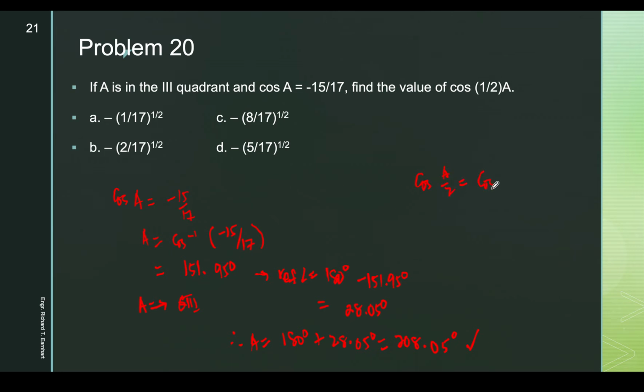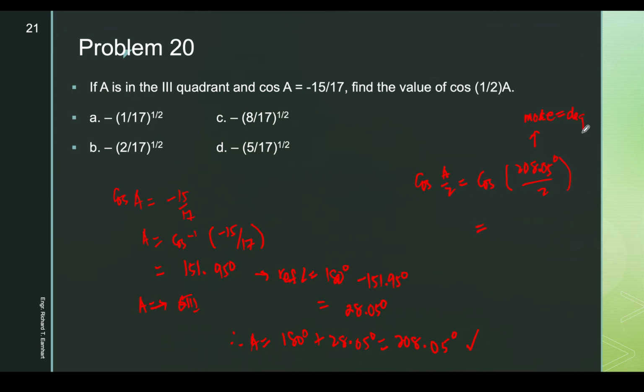So this is cosine of 208.05 divided by 2. Okay, so check your calculator. The mode should be in degrees.